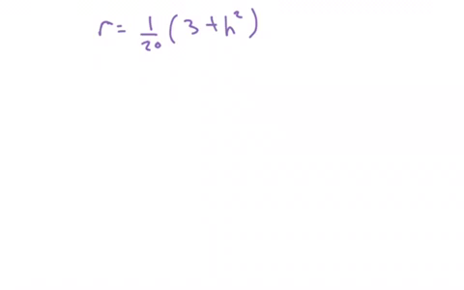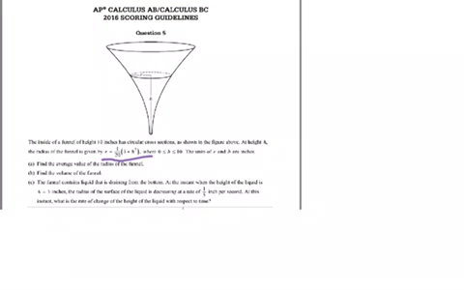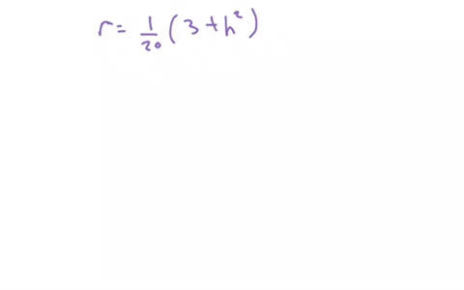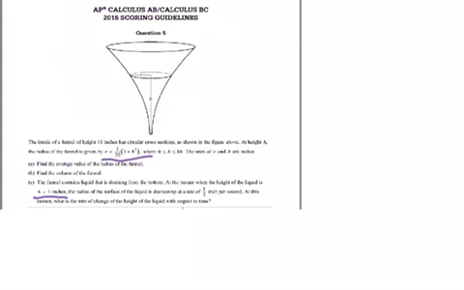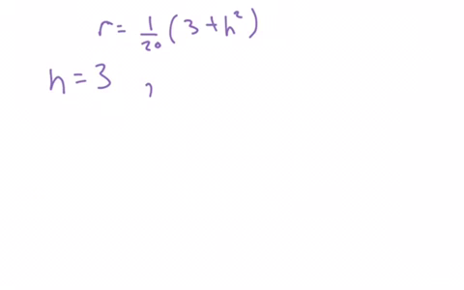Now, the question says when the height is 3, the radius of the surface is decreasing at a rate of, remember, rate just means the derivative, so we can just say dr/dt is equal to negative 1/5.